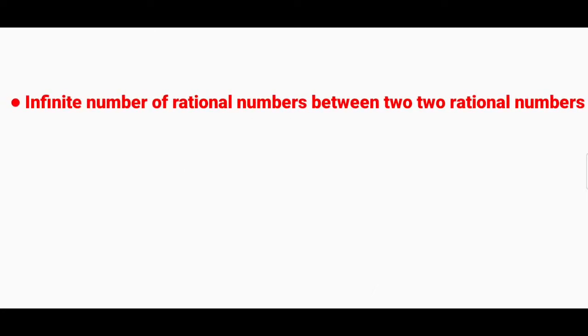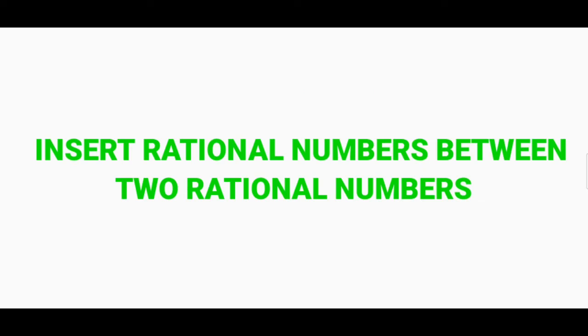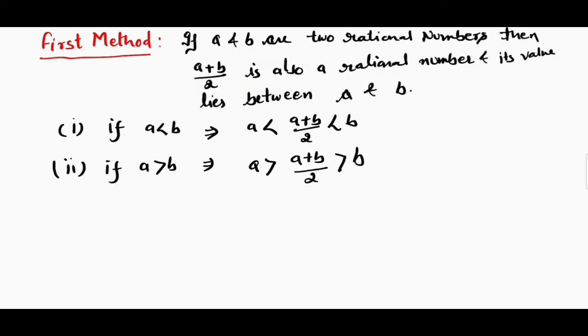Always remember that there are infinite rational numbers between two given rational numbers. And now we'll see how we can insert rational numbers between two given rational numbers. So there are three methods of doing this. Method one says if a and b are two rational numbers, then their mean a plus b divided by 2 is also a rational number and its value always lies between a and b.